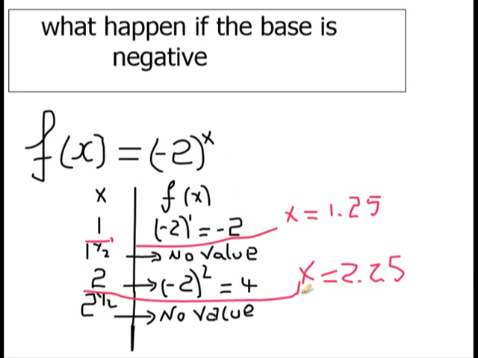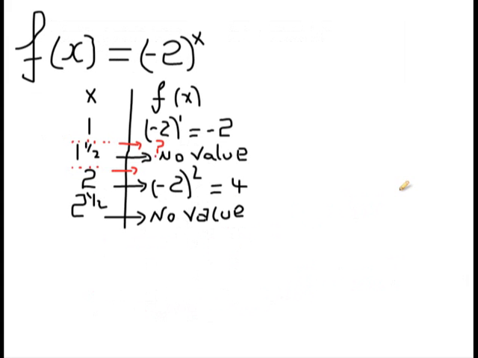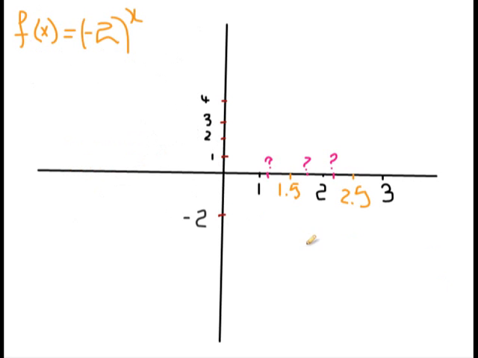No value. So what I'm trying to explain is that for this function, there are a lot of values between those two, from 1 to 2, for which we find no value. That's why we say this function is not continuous. If you try to plot it, for 1 you end up with -2, and for 2 you end up with 4.